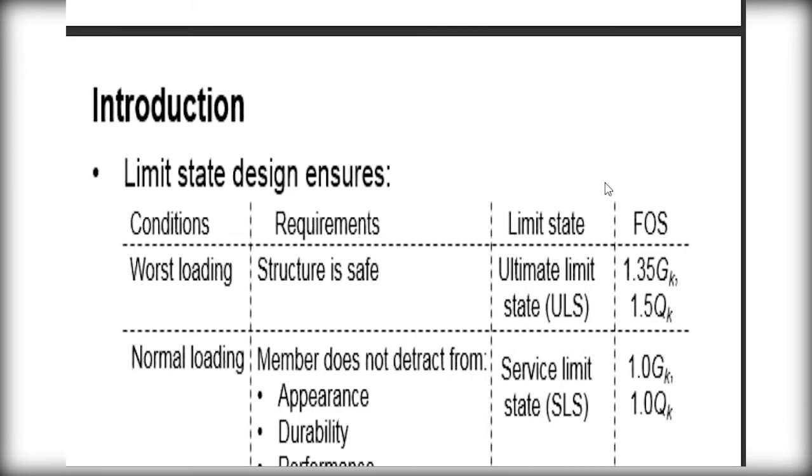For the Eurocode we use 1.35 GK, while in BS we use 1.4. It is estimated at 1.4.